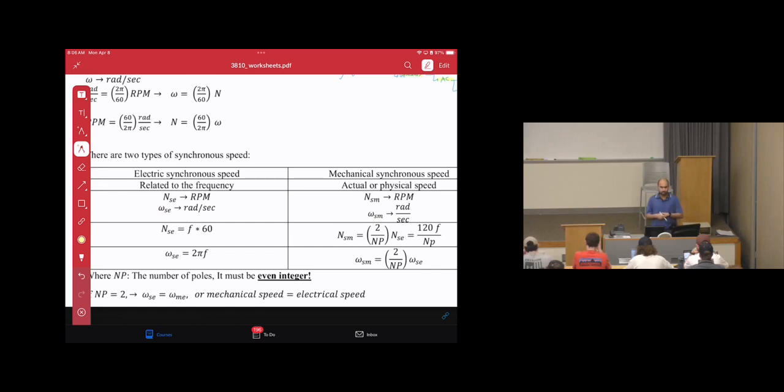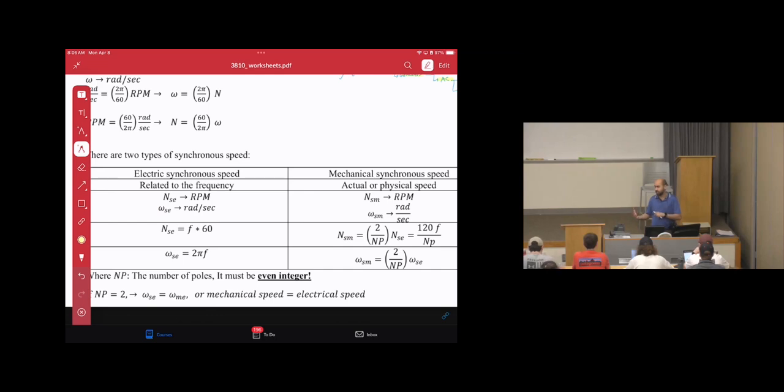So by increasing the number of poles, the required speed to maintain 60 hertz frequency will be less. As a result, whenever we discuss the frequency, let's use the speed called electrical speed. We'll call it the flux speed or the air gap speed. That's the air gap flux speed that's happening inside the motor.